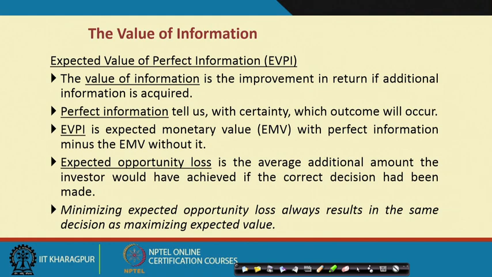Corresponding to the concept of expected value of perfect information, we have the concept of expected opportunity loss, which is the average additional amount the investor would have achieved if the correct decision had been made. Technically, if the decision is correct, then by default there is no problem and everything will be in the correct space.